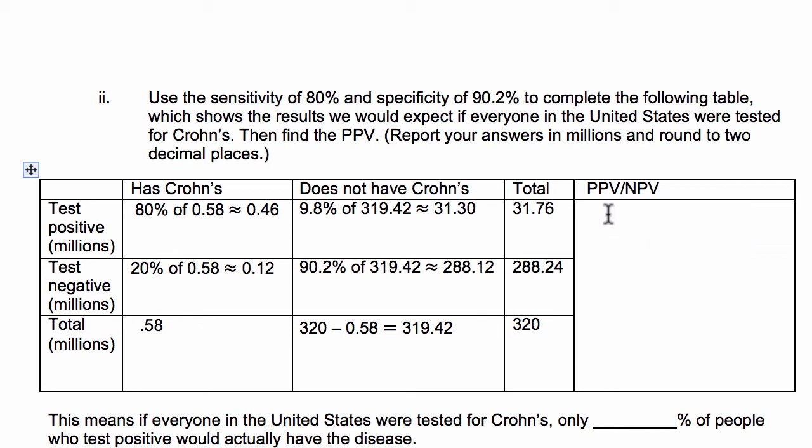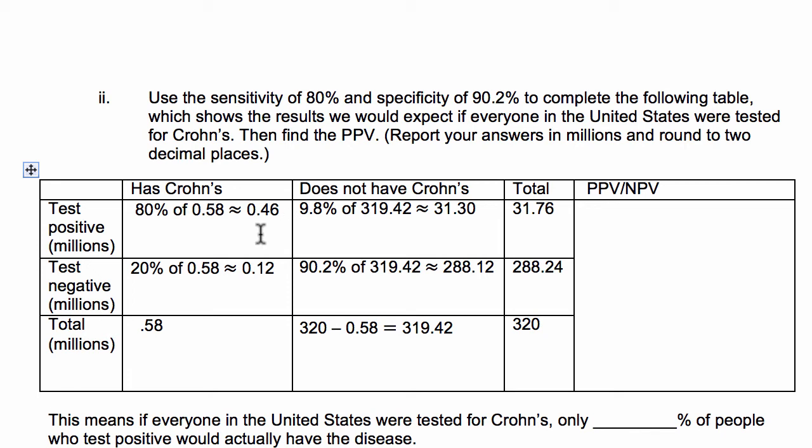Recall, the PPV of the test is the probability that a person who tests positive actually has the disease. According to our table, if we were to test everyone in the United States for Crohn's, about 31.76 million people would test positive, but only about 0.46 million of those people would actually have Crohn's disease.